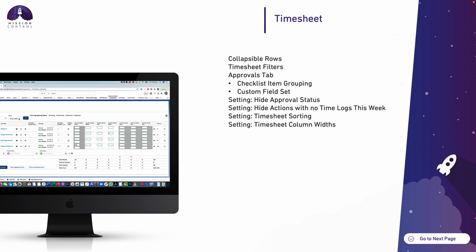Once you have logged time, it will then appear on the timesheet for the rest of the week. You've also got the ability to specify the sort order of actions on the project, as well as controlling the width of the project and the PAN and the action number fields.